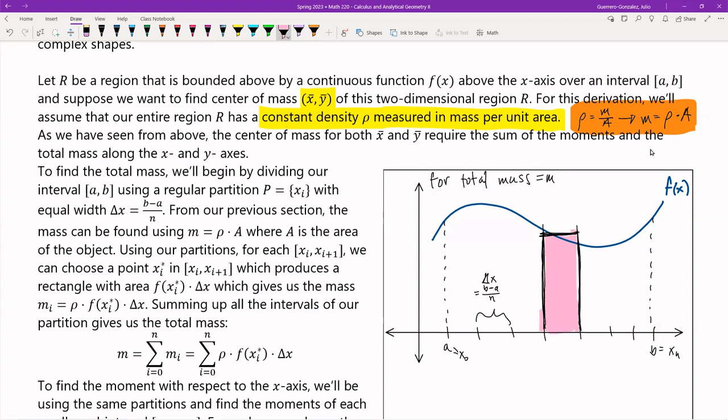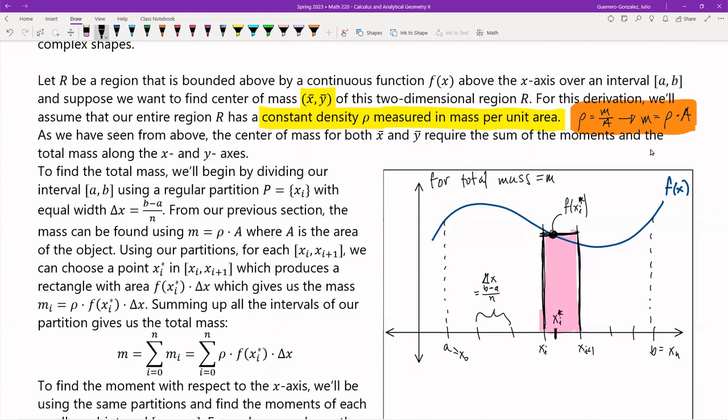Okay, so now we can go back to what we did before. So this is our xi plus 1, our xi rectangle. You guys remember that? In order to find this area, it is defined by a random point xi star, whose height is f of xi star.